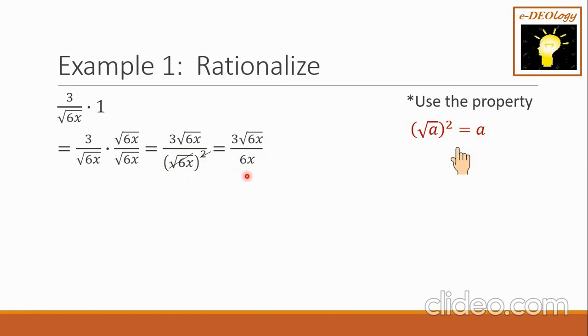But we can see here that the numbers 3 and 6 can still be simplified. We can cancel the 3 and the 6. So the 3 becomes 1, the 6 becomes 2. So in the denominator, it becomes 2x. In the numerator, it is 1, but that number 1, we will not write anymore. So only the square root of 6x comes here. So our final answer is the square root of 6x over 2x.